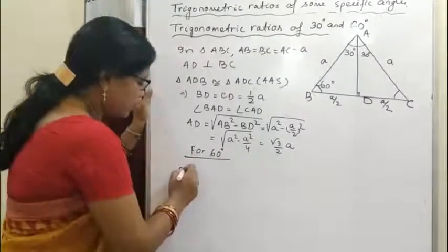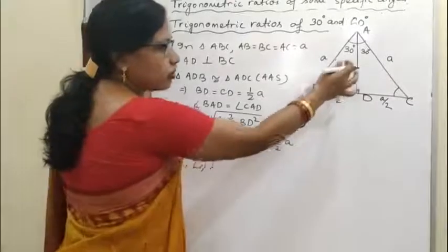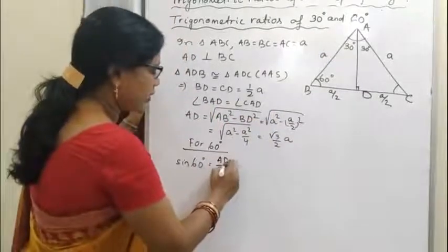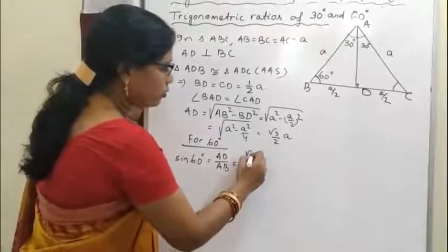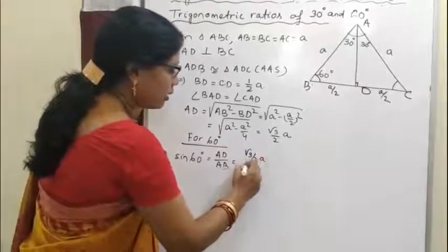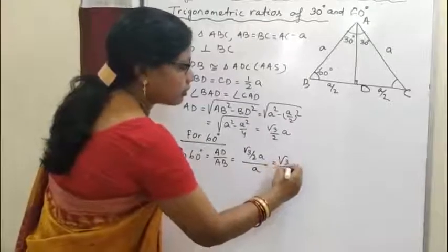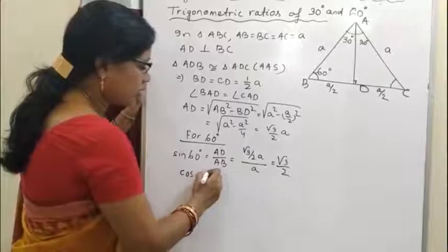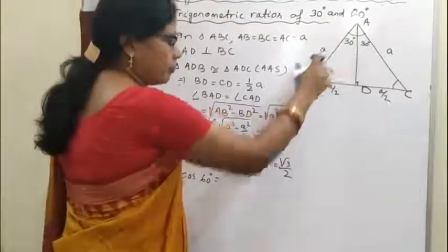What is sin 60? Sin 60 is equal to opposite side by hypotenuse. That means AD by AB, which is root 3 by 2 a divided by AB, which is a. So this is equal to root 3 by 2. What is cos 60 degree? Cos 60 degree is equal to adjacent side by hypotenuse.